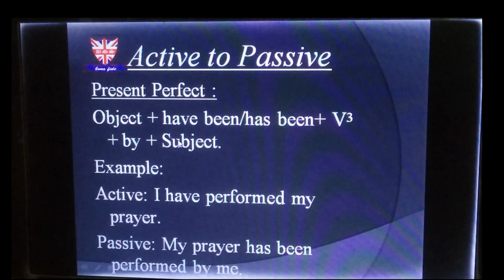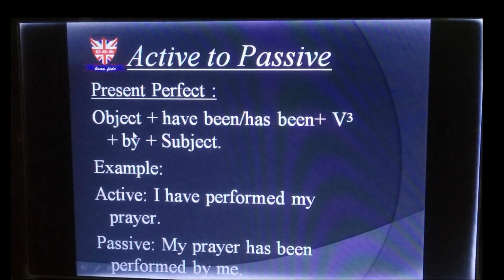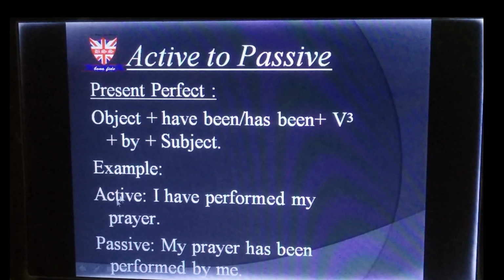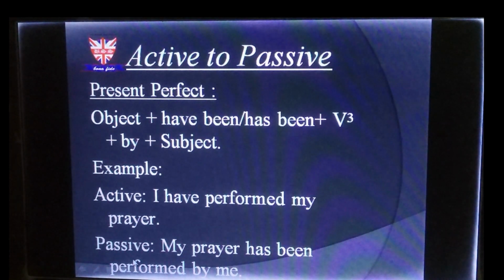Okay, let's go for the last one of present tense in passive form. As usual, we have to write object plus have been or has been, plus V3, plus by, plus subject. As an example, we can say: I have performed my prayer. In passive form, we can write: my prayer has been performed by me.